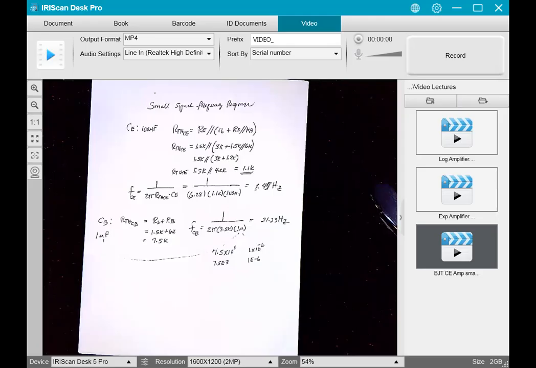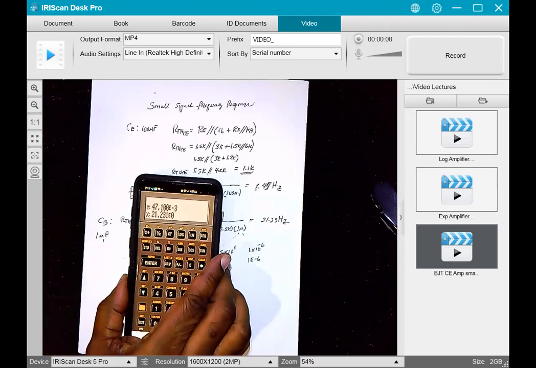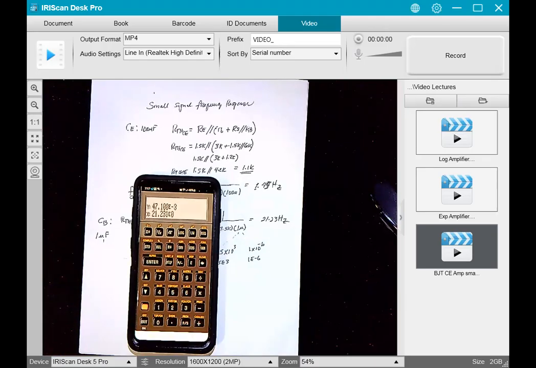So, I'm not trying to call anybody out, because I've had people ask these questions before. Learn how to use your calculator. The reason I use this particular app that emulates the HP42S is because I used it for years, and so I'm very familiar with how to use this calculator. You need to do the same with yours.